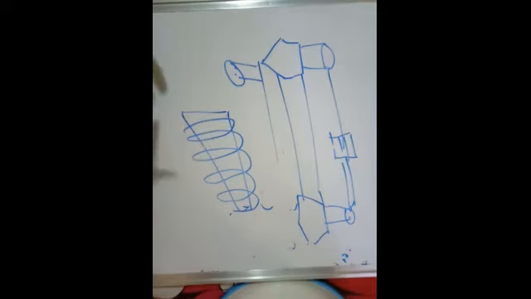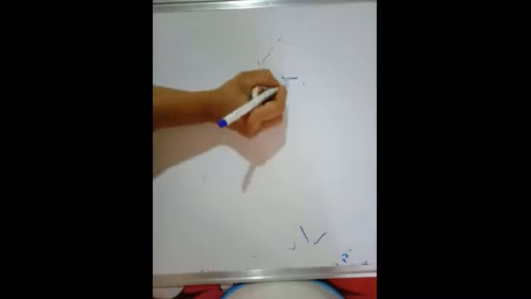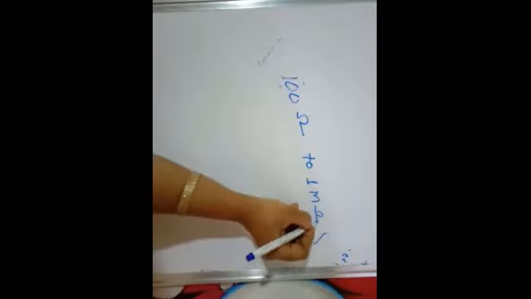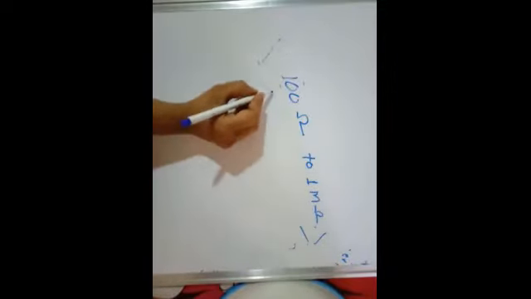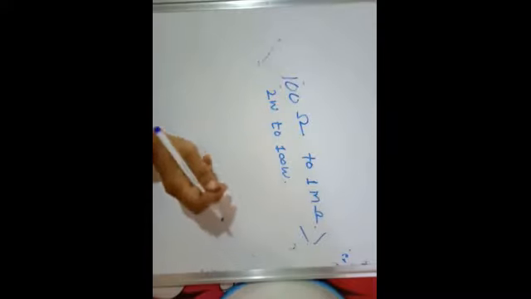The speciality of this potentiometer is that it has a high cost, more power handling capacity, and a big size. The range of this potentiometer is 100 ohm to 1 mega ohm, and the power rating is from 2 watt to 100 watt.